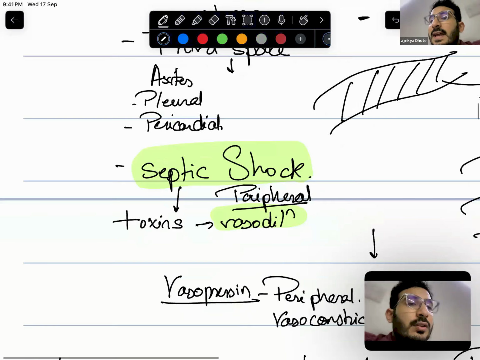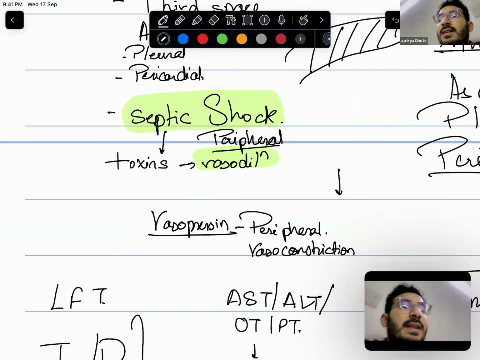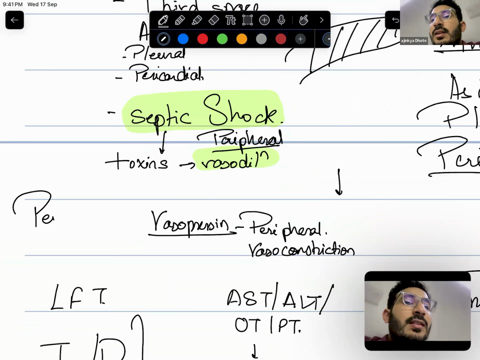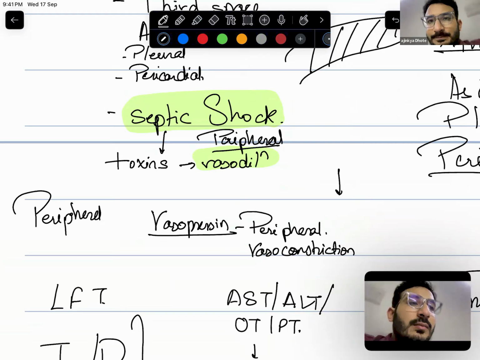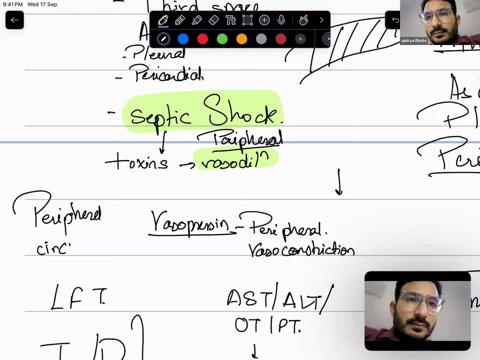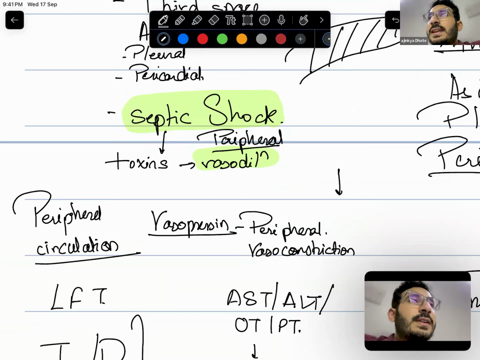Now, what happens because of that is all the blood starts pooling in your peripheral circulation, and that leads to decreased flow to your vital organs, including your kidneys. So the GFR drops, and this leads to your pre-renal AKI.